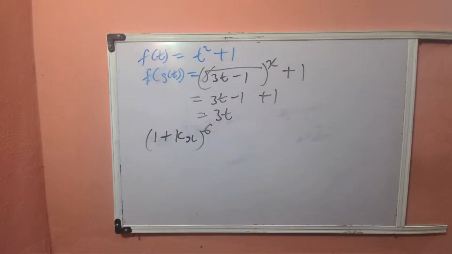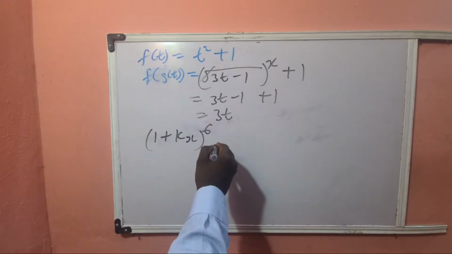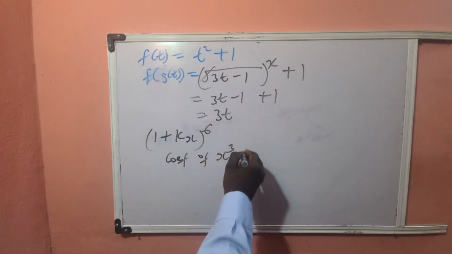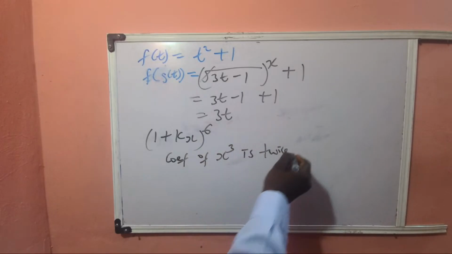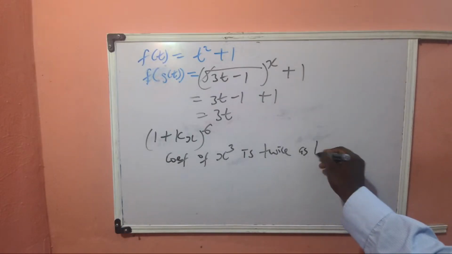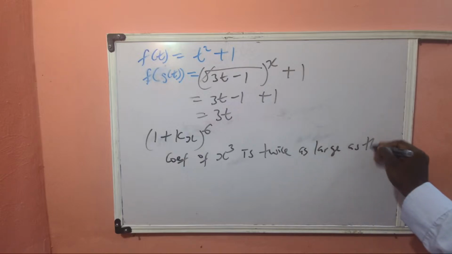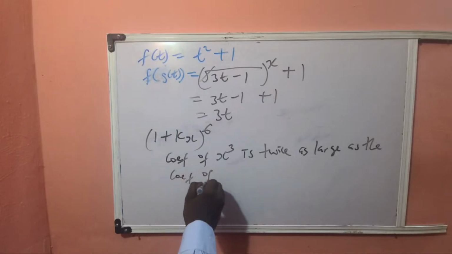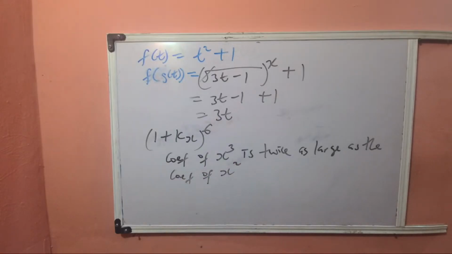In the binomial expansion of 1 plus kx raised to the power 6, where k is constant, the coefficient of x cubed is twice as large as the coefficient of x squared. Find the value of k.